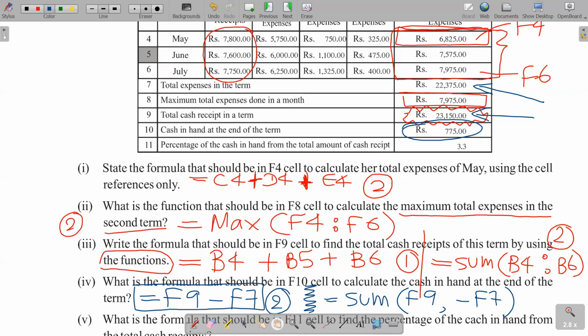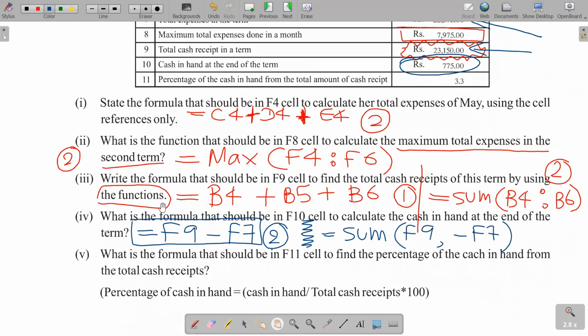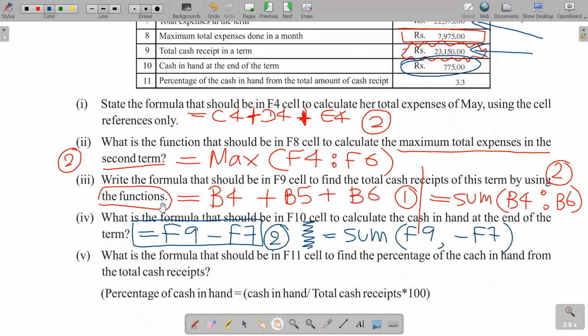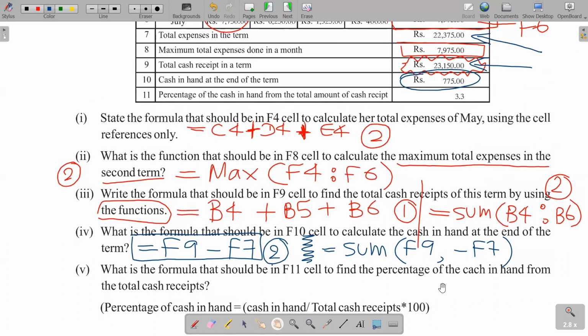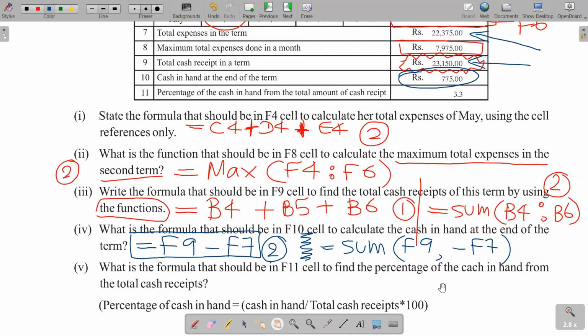Right, so the fifth one, what they're asking is, what is the formula that should be in F11 to find the percentage of the cash in hand from the total cash receipts? They have given you the equation for the percentage, so you only need to map it with particular cell references.